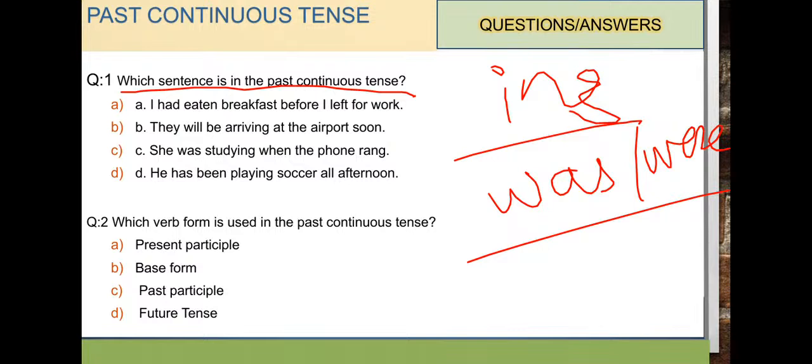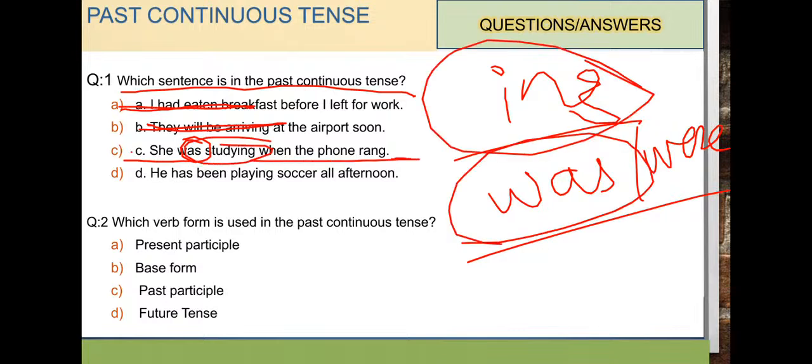Let's check. I had no. They will no. She was. Now we got the was right here. The first condition has been applied. Studying. The next condition has also been applied. This is actually the answer that follows everything right here. If you check, this one is also incorrect. So the third one is actually the correct answer.